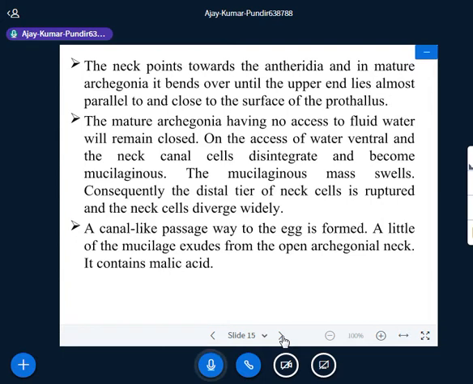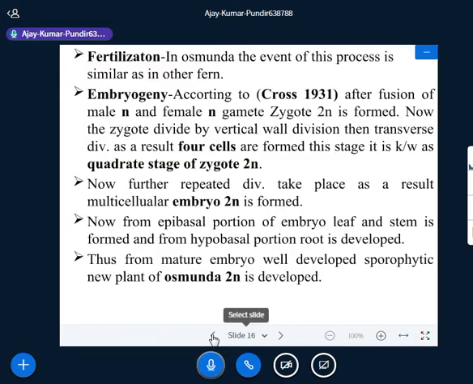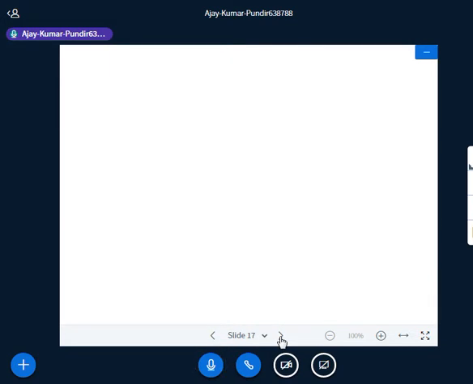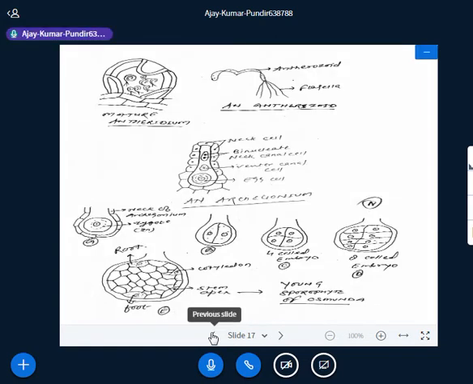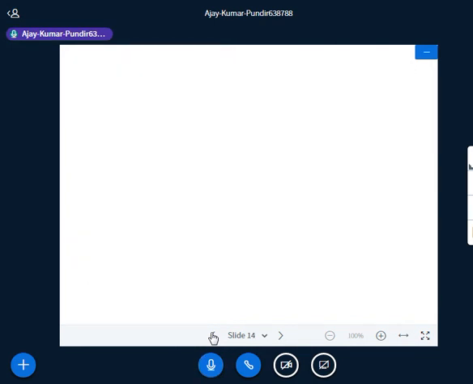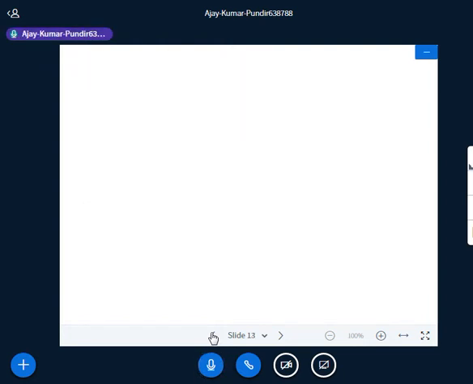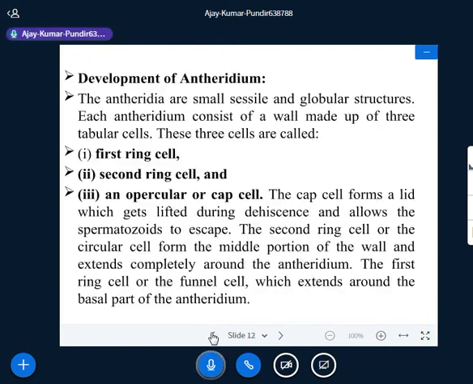As the name indicates, the first rhizoidal cell after development produces a large number of rhizoids, which directly penetrate into the substratum and absorb water and minerals for proper development of the prothallus.